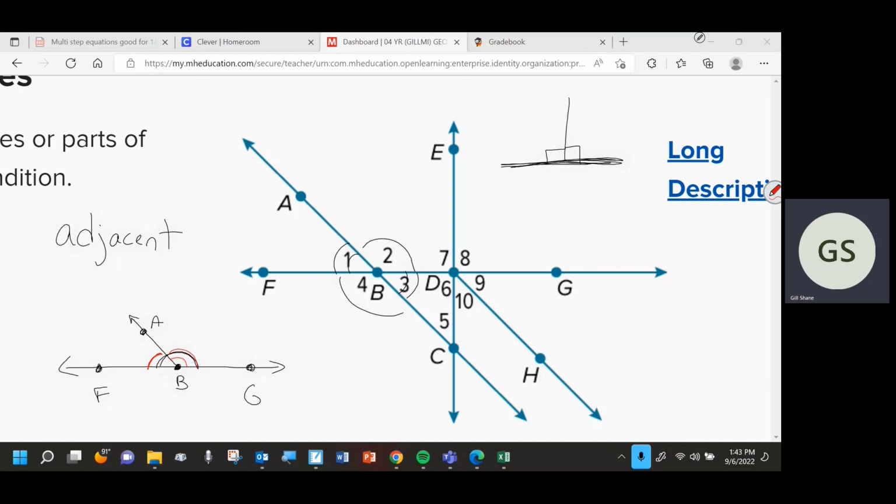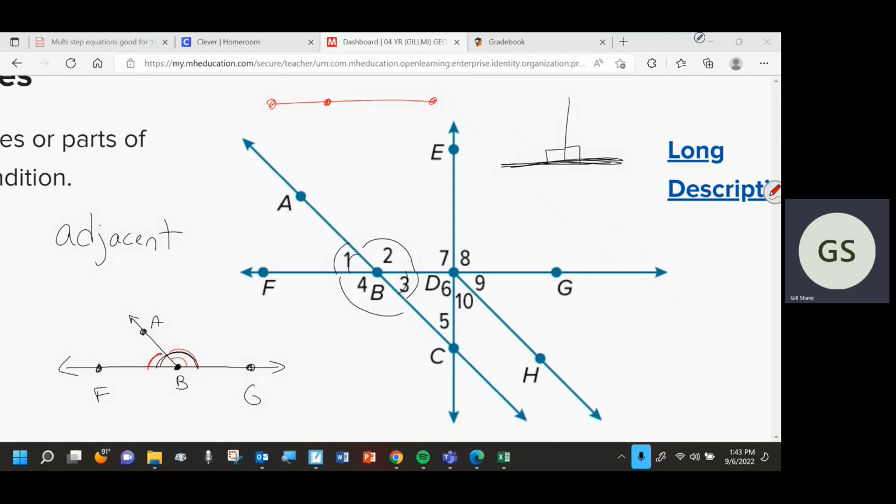It's kind of like a line segment, same concept. If I start with one big line segment, and let's say that's 10, if I create two little line segments, well, if I add those two little line segments together, they still have to add up to 10 because the original line segment was 10. Here, the original angle is 180. If I split that into two smaller angles, they still have to add up to 180.